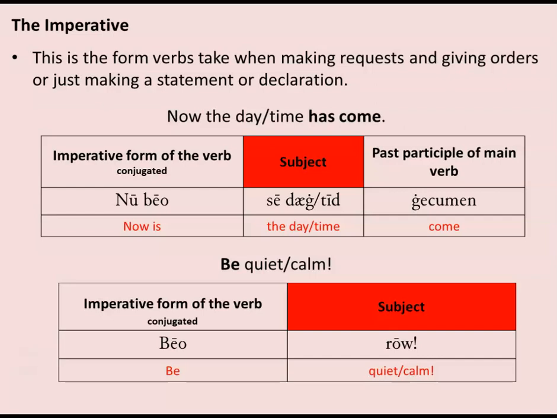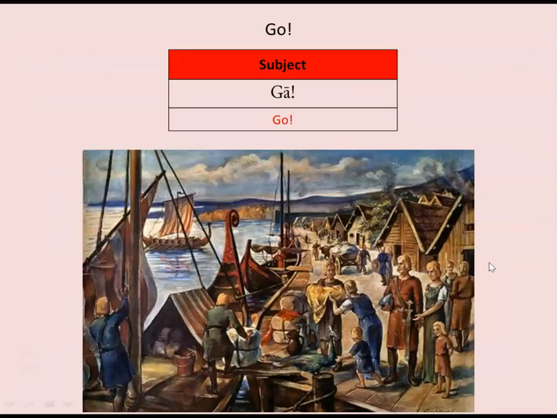So the imperative form of the verb, beo, and notice beo has that future tense about it. It's the conjugated future tense, all right? It's the imperative form we're talking about here, and it's the future tense. Imperative form of the verb, beo, ro, quiet, calm. Or just simply go, ga.